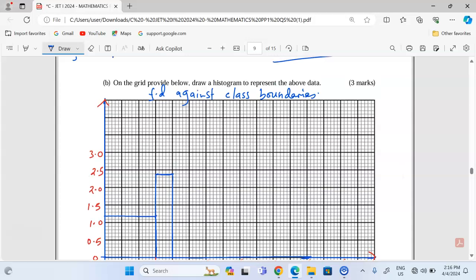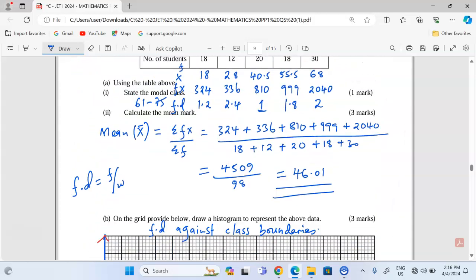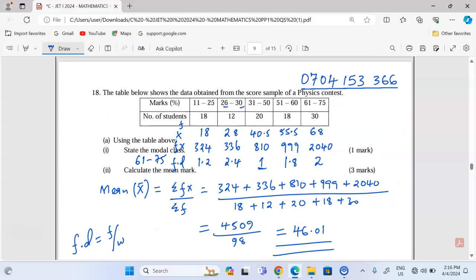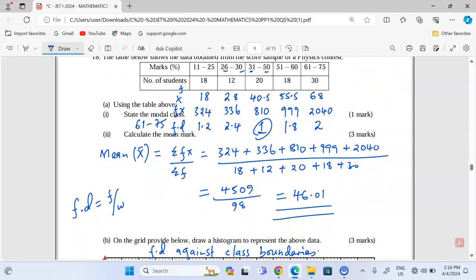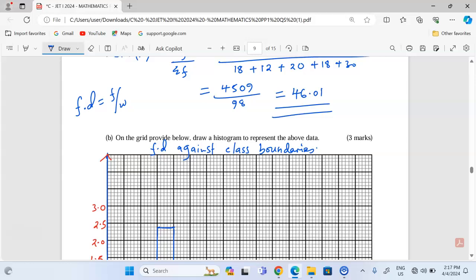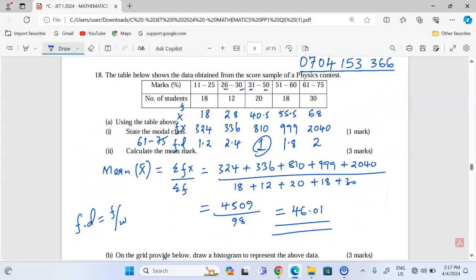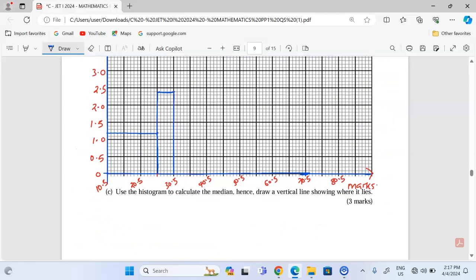The third one is going to be running from 30.5 all the way to 50.5 with a height of 1. The height is 1, so this is where 1 is, and 50.5 is here. That is the third class.